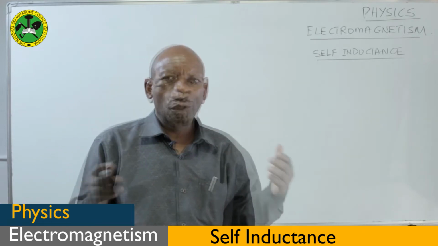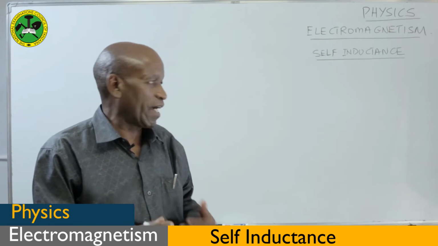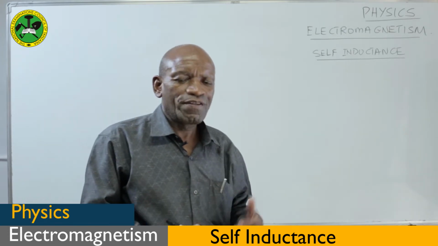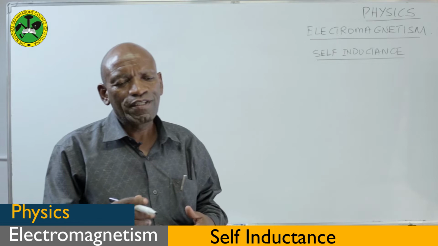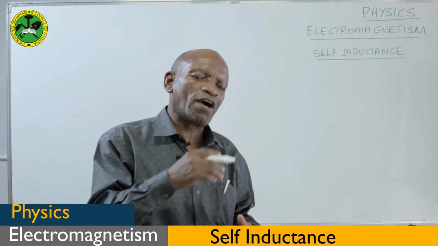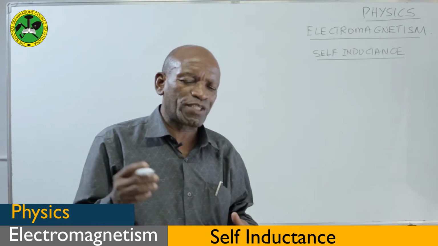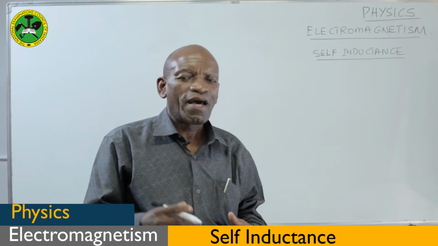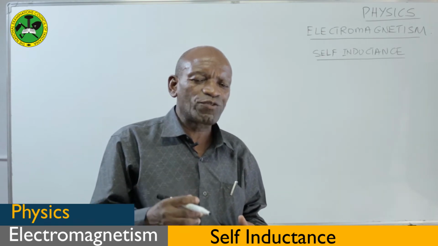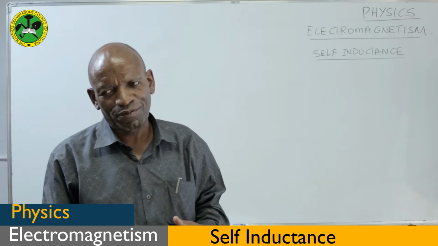First of all, we need to know what we mean when we talk about self-inductance. Self-inductance happens in this way: whenever we have a coil and a current is flowing through that particular coil, the variation of the current flowing through the coil will generate a magnetic field.